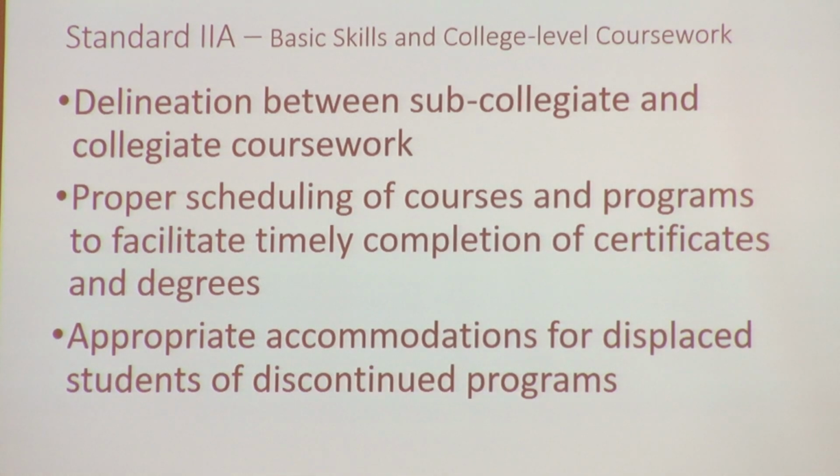Proper scheduling of courses and programs to facilitate timely completion of certificates and degrees. The median time for completion for students to attain a 60-unit associate's degree or certificate is commensurate with other colleges. And there's a nice table in the evaluation report on page 130 that shows that all of the 9 campuses take 4 years to complete an associate degree.